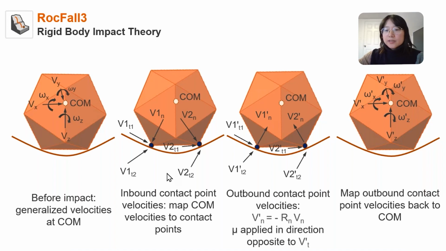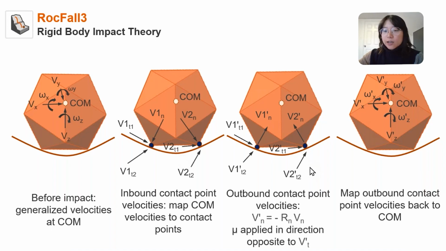Now, with impact, the generalized center of mass velocities are then mapped to all contact points. And these incoming contact velocities are resolved into normal and tangential components. And these are translational velocities only at the contact points.